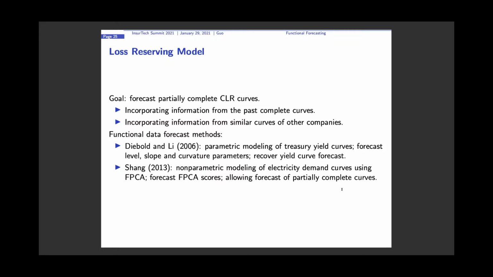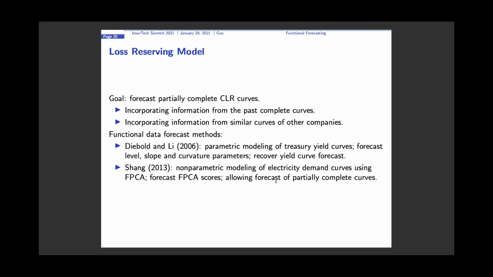The main idea of the 2 works is that they model the functional data and estimate a few parameters. In Li, they use a parametric model, applying the Nelson-Siegel model with 3 parameters. They fit it on the existing treasury yield curves in the training data, forecast the level, slope, and curvature parameters into the future, and plug them back into the parametric model to recover the yield curve forecast.